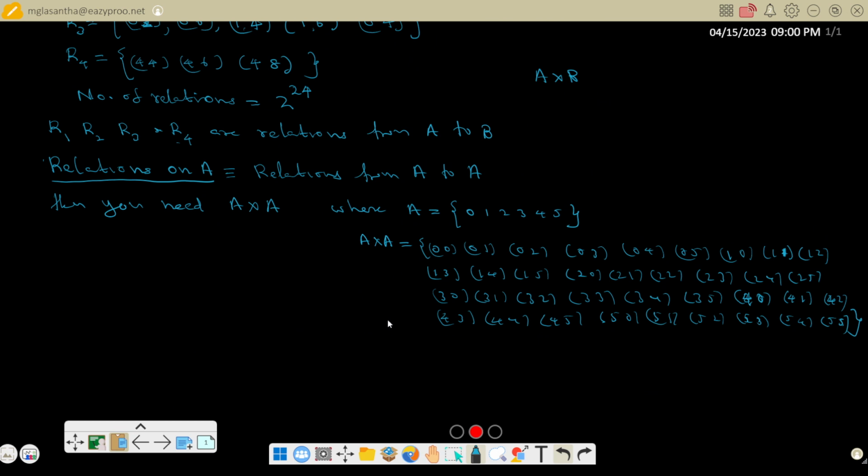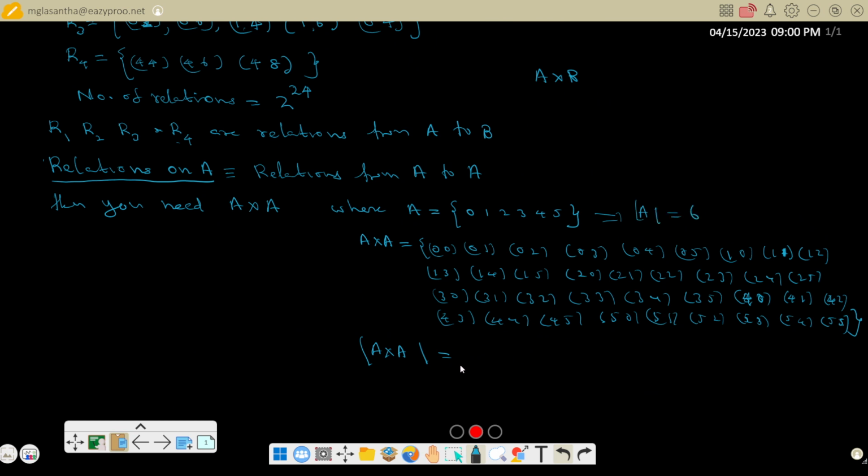What is the cardinality of A cross A? It will be 25? No. A has 6 elements, cardinality of A is 6.